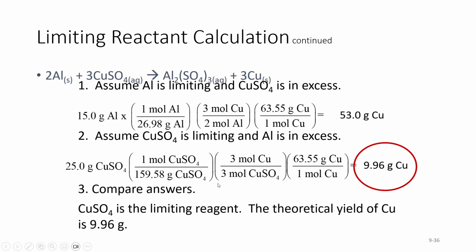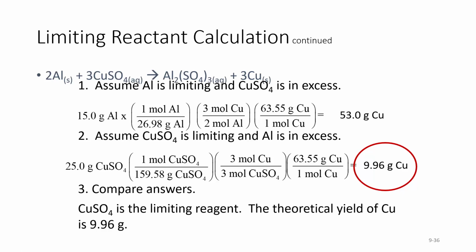We're going to fill in our conversion factors. 1 mole is equal to the mass from the periodic table. Here is our mole to mole ratio because we're converting between different substances. There's a number 3 in front of copper and a number 3 in front of copper 2 sulfate. Then we use the 1 mole is equal to the mass from the periodic table. Multiply across the top, divide away the bottom, and then we get 9.96.